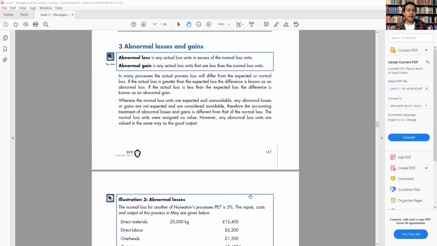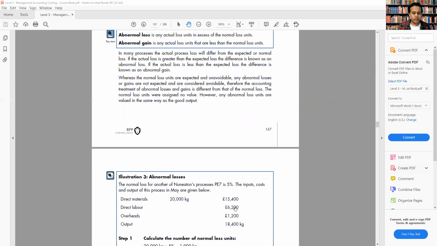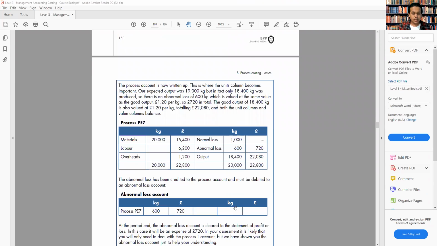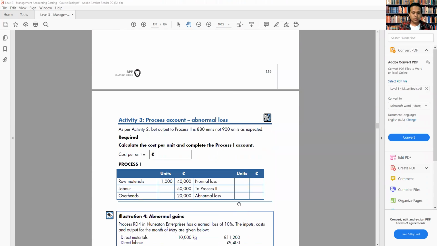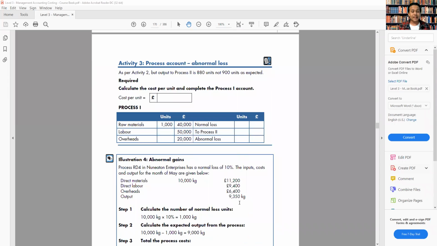The next question has abnormal loss and abnormal gain. So let's have a look at how we calculate the abnormal loss. That will basically be unexpected loss. Let's try this question. Activity number 4 says process account abnormal loss. As per activity 2, so we are following the last activity.